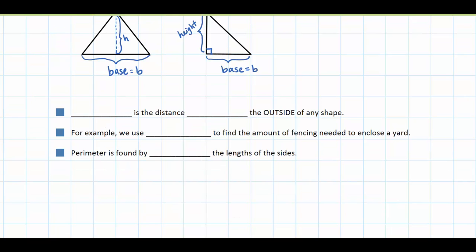Perimeter is the distance around the outside of any shape. For example, we use perimeter to find the amount of fencing needed to enclose a yard.